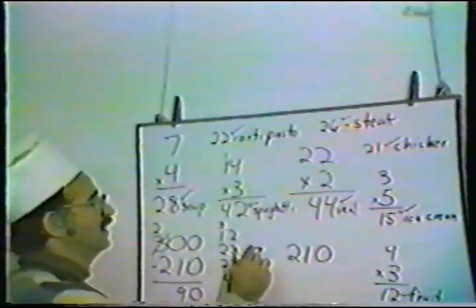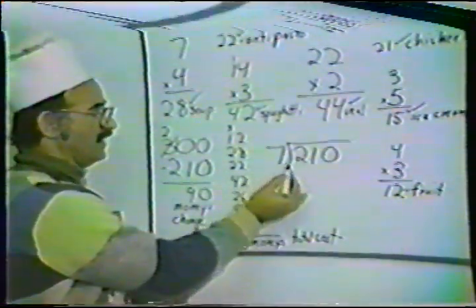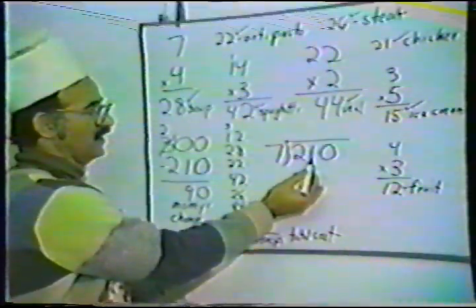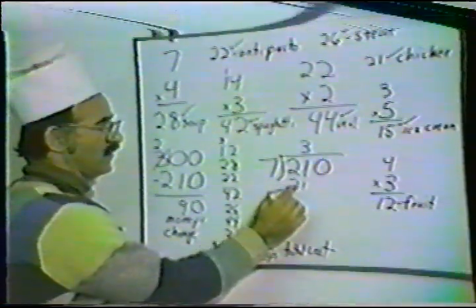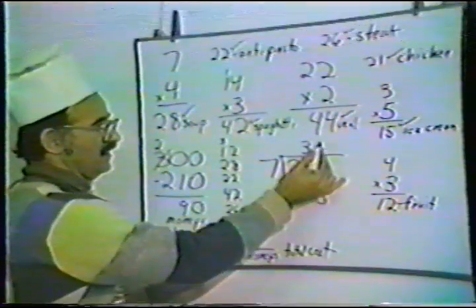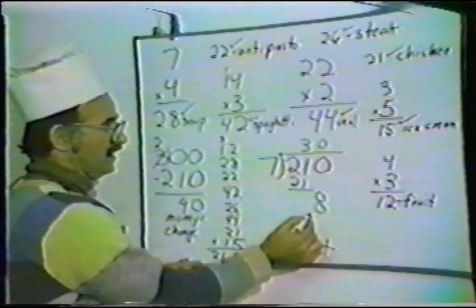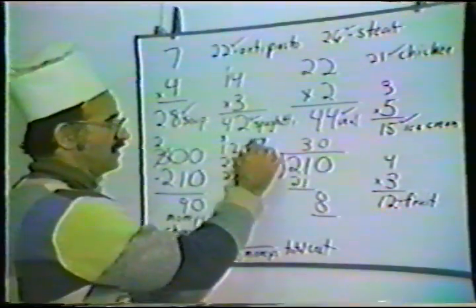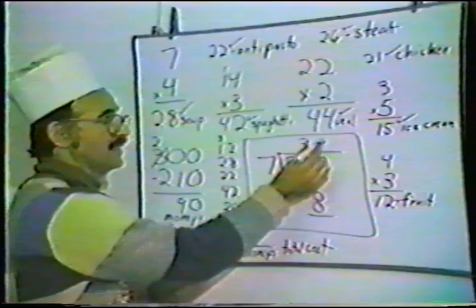Divide by the number of people, which is 7. 7 into 21 goes? 3. Because 3 times 7 is 21. 7 into 0? 0. Because 0 times 7 is 0. And so our answer for the second part is 30.